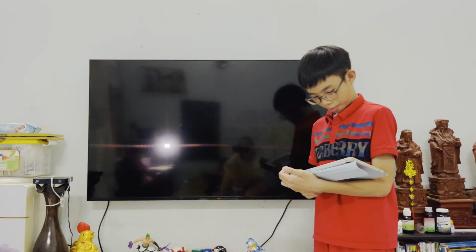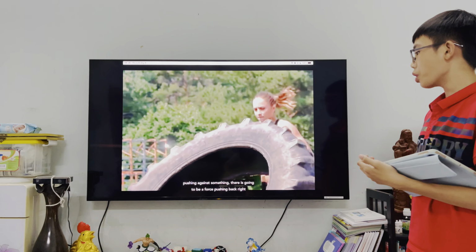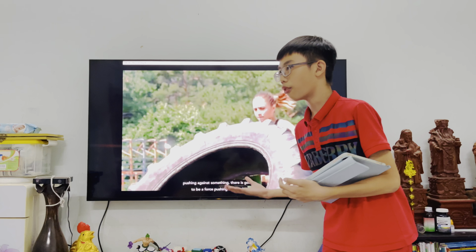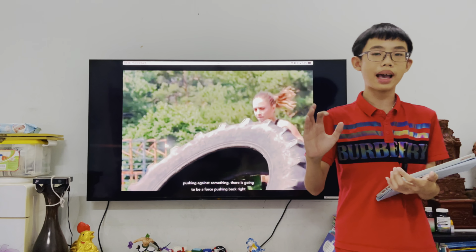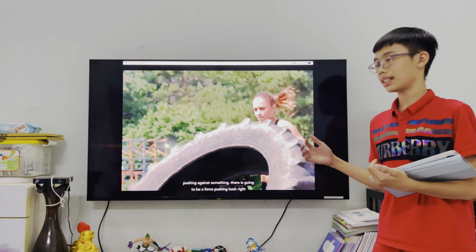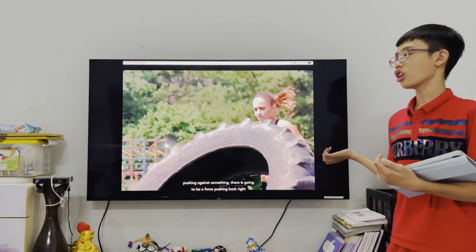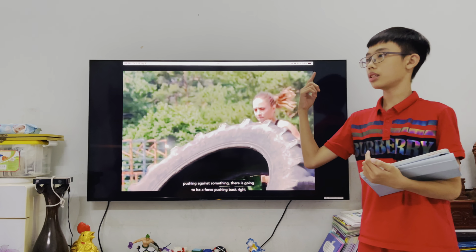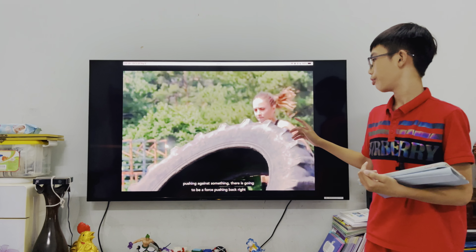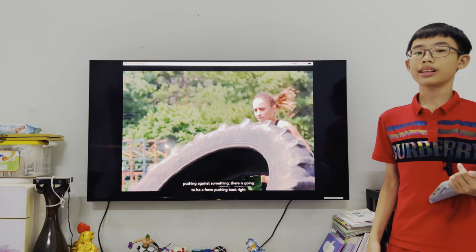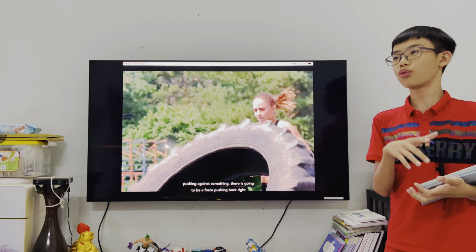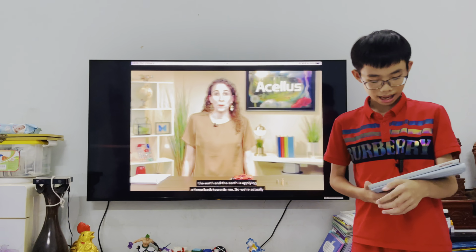Okay, and you are pushing something. Is there a force pushing right back at you? And that is a balanced force, and an unbalanced force is just one force pushing the object, not two forces like the wagon I said.